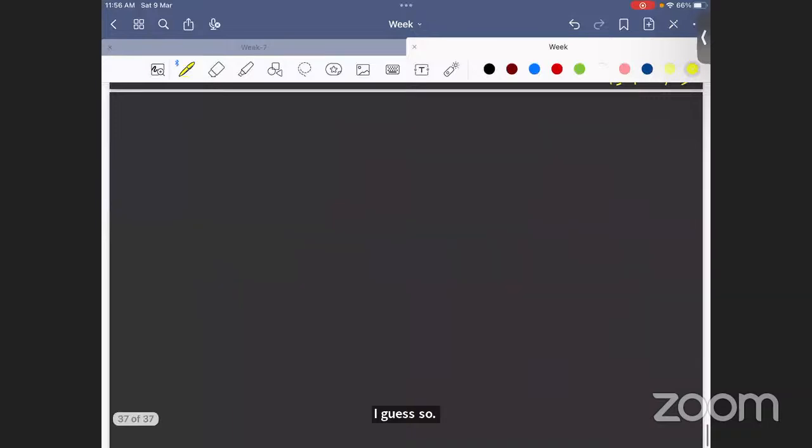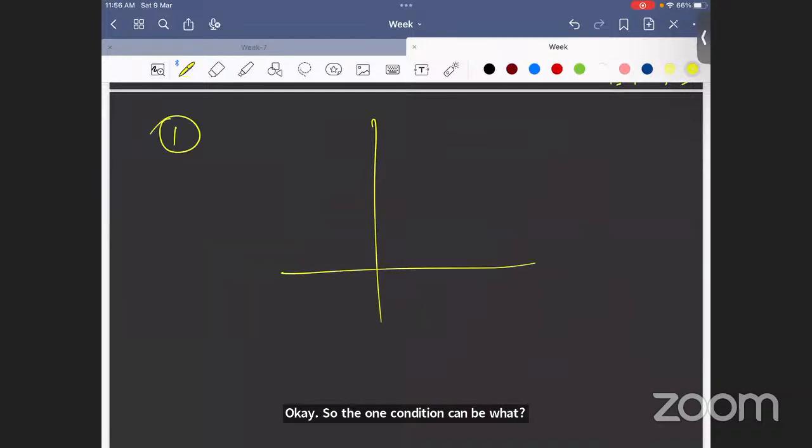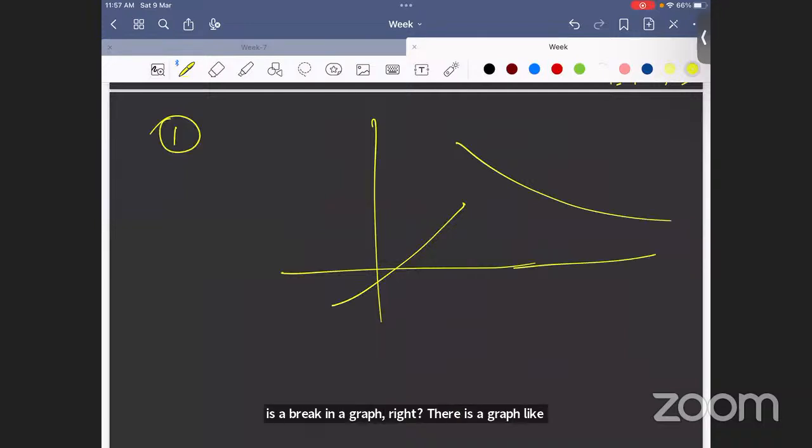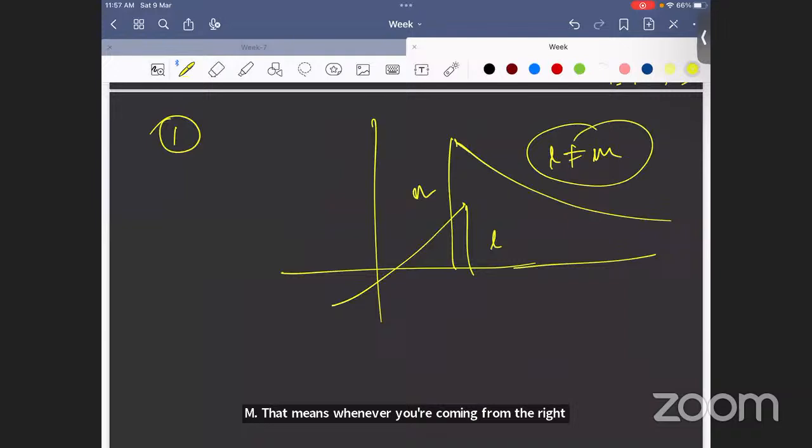One condition can be when there is a break in the graph. There is a graph like this, and then this is coming like this. So L is not equal to M. Whenever you're coming from the right hand side and left hand side, if both are not equal, you can directly say that the limit doesn't exist.